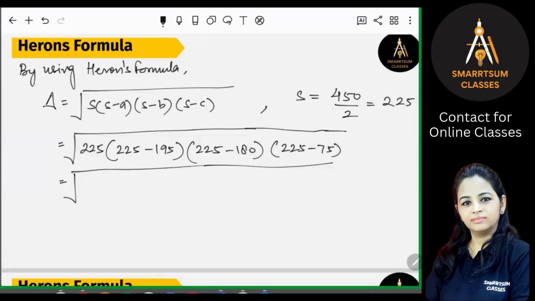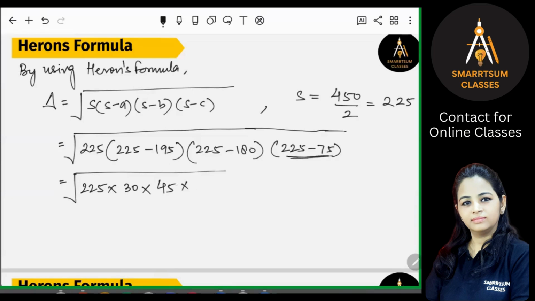So this is 225. 225 minus 195 is 30. 225 minus 180 is 45. And 225 minus 75 is 150.